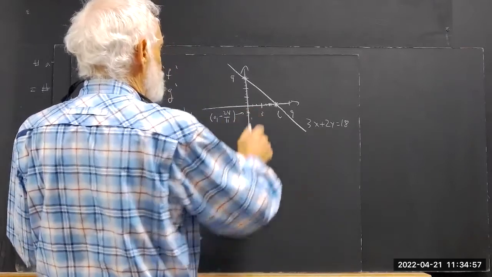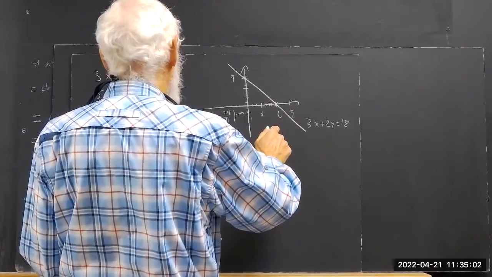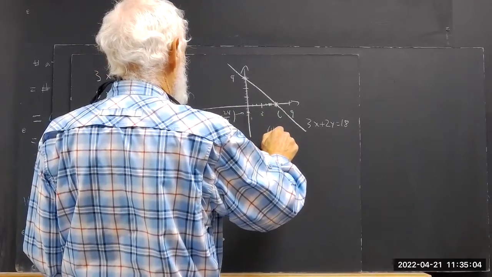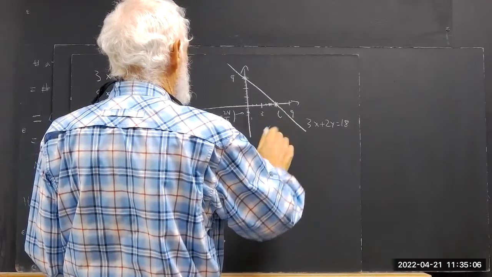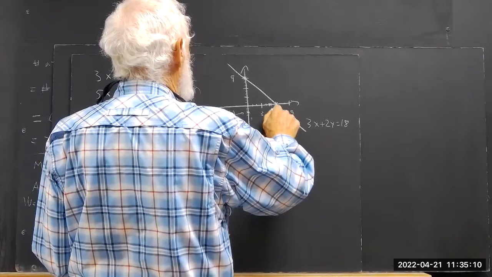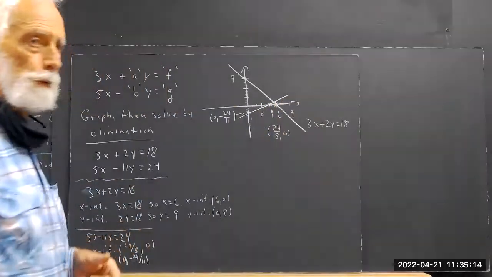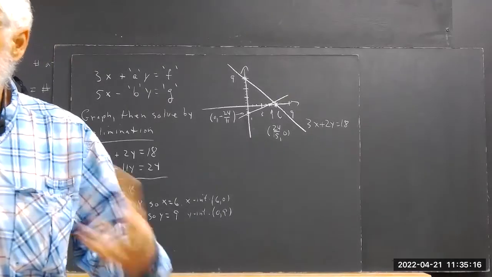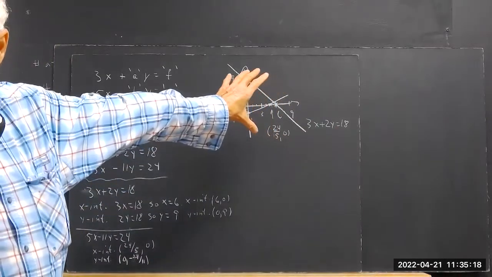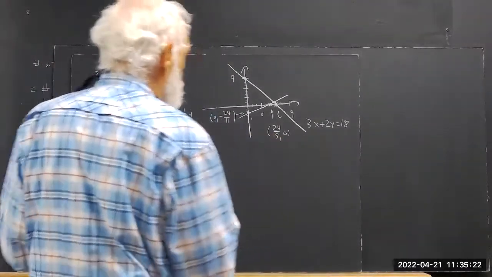And over here, you have 24/5, 0. We got a picture that looks like this. And the pictures you all got look a whole lot like this one, with just a little bit of variation, of course, in the actual coordinates.